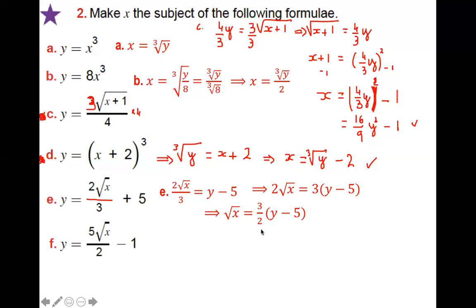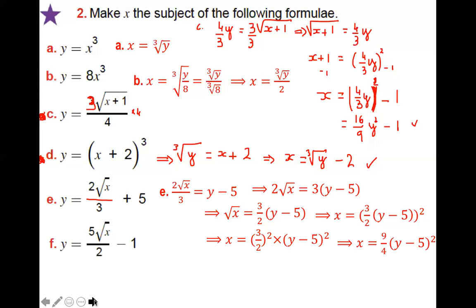And then after that, I need to square all this to get rid of a square root. The opposite of square root is to square. So I put 3 over 2 times y minus 5, the whole thing squared. Okay, so 3 over 2 squared, that would be 9 over 4. And then y minus... Sorry? Why have you got brackets and then brackets? Can you not just have, do you still need to keep your inside brackets for that?